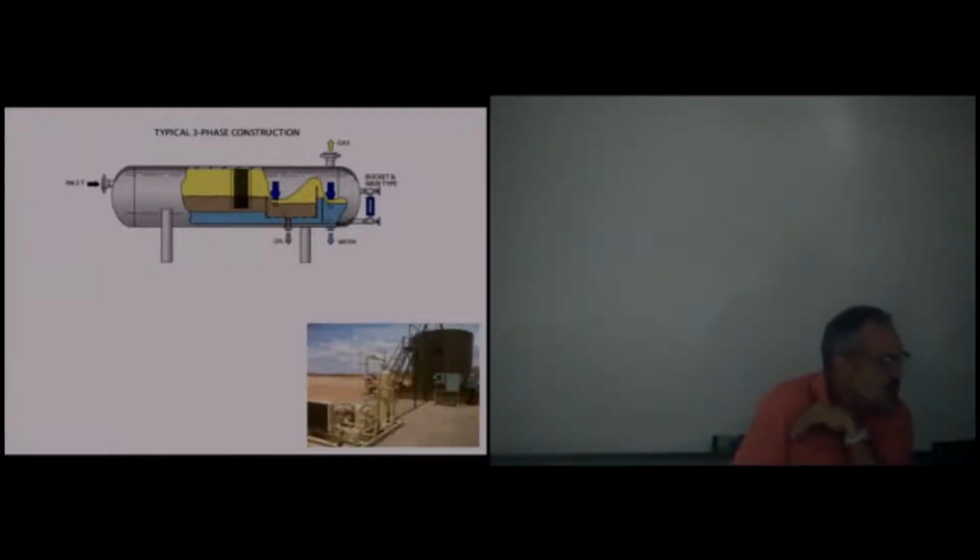Okay, so we're still going to have a second stage of separation because of our stock tank. What I've got up here now is probably a pretty modern installation: one stage of separation, and the liquid goes to the stock tank, and the stock tank probably has a vapor recovery unit on it.